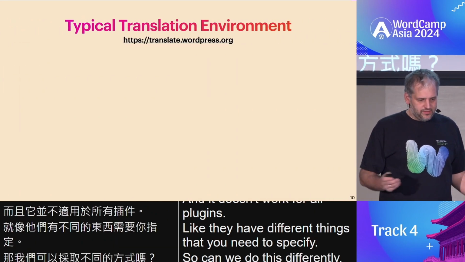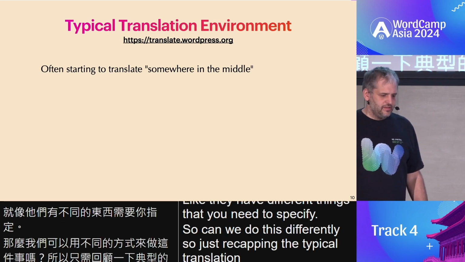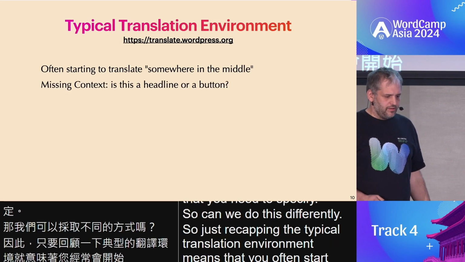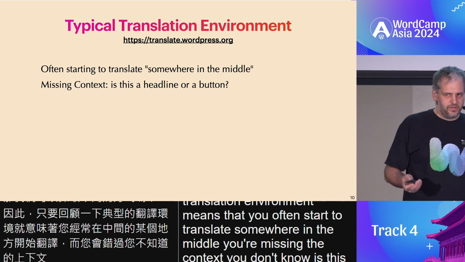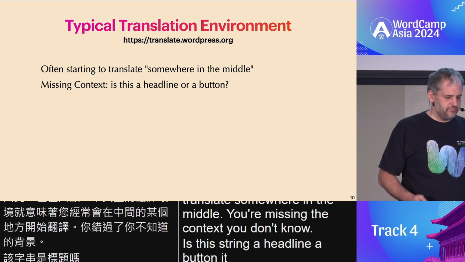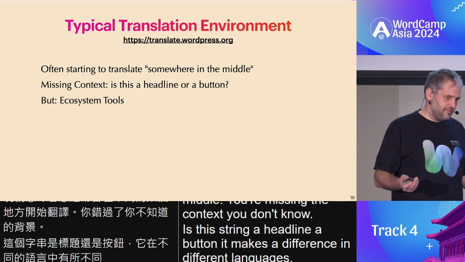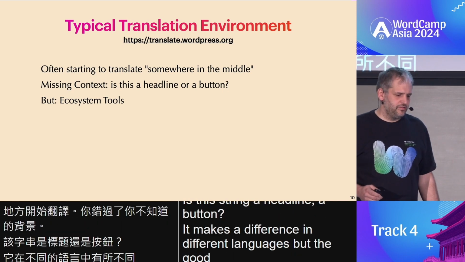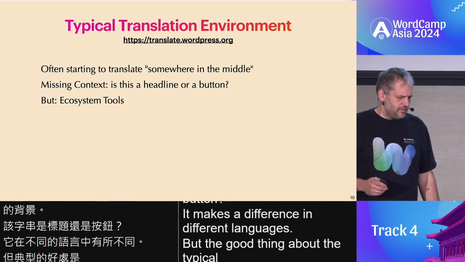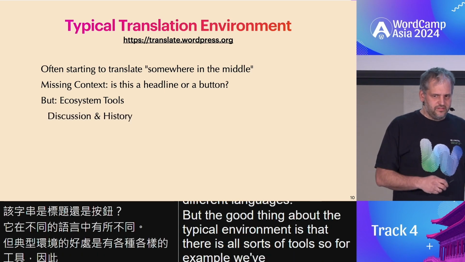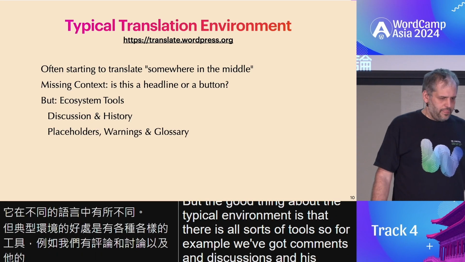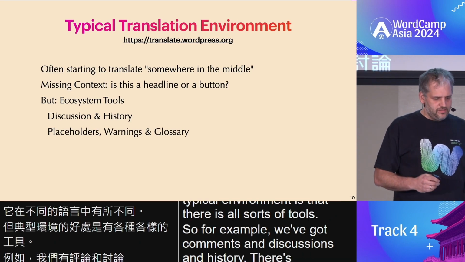Just recapping, the typical translation environment means that you often start to translate somewhere in the middle. You're missing the context. You don't know, is this string a headline, a button? It makes a difference in different languages. But the good thing about the typical environment is that there are all sorts of tools. For example, we've got comments and discussions and history. There's placeholder highlighting, warnings.